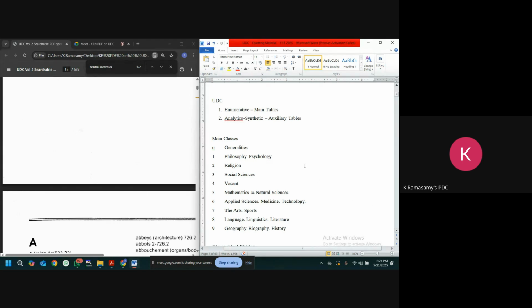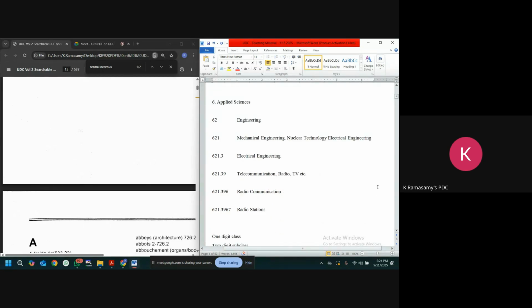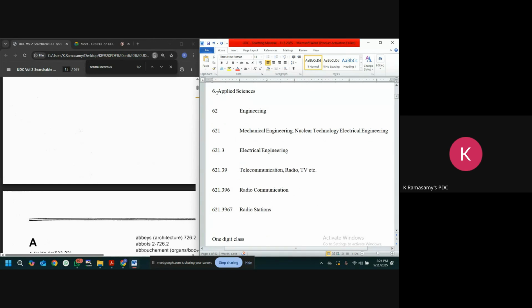And these are the main classes I told you. This shows how things are arranged hierarchically in UDC. For example, 6 stands for applied sciences. We divide 6 into 10 components. In that, 62 stands for engineering. 62 is divided into 10 components. 621 stands for mechanical engineering, nuclear technology, and electrical engineering. 621 is divided into 10 units. 621.3 is called electrical engineering, and electrical engineering is divided into 10 parts. 621.39 stands for telecommunication, radio, and TV.